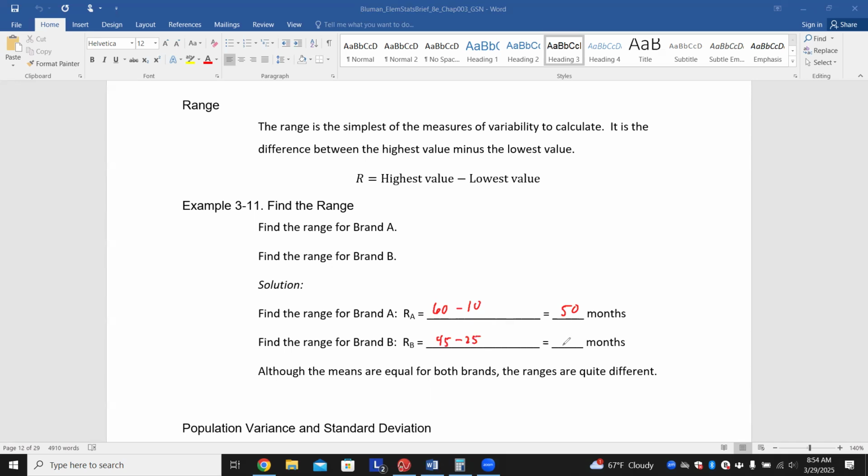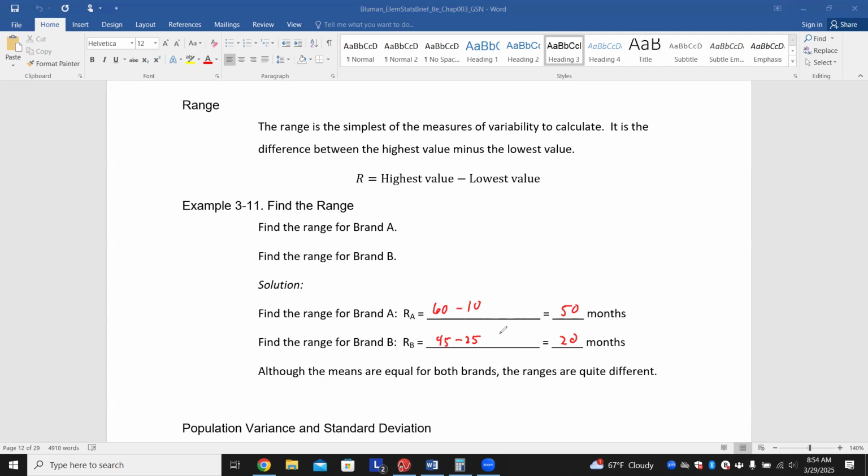So brand B's range is 20 months. Although the means are equal for both brands, the ranges are quite different. Maybe that 60 months was skewed data, or perhaps 10 months was skewed data. But now we can see there is a huge range between brand A and brand B.